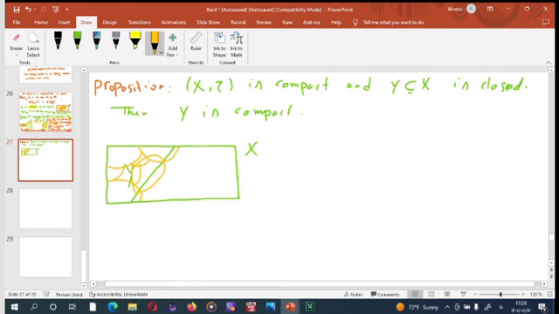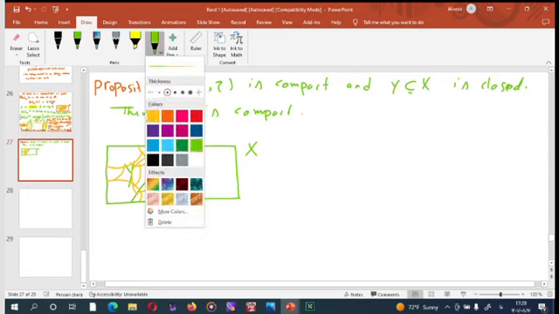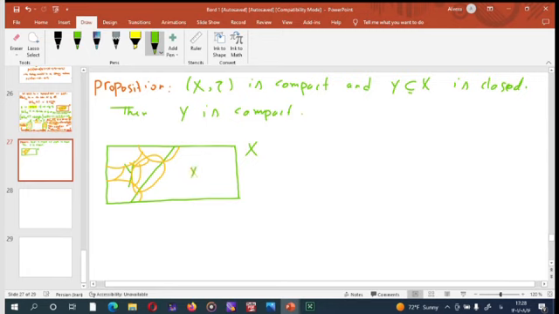we note that if we added this set is X minus Y, the complement of Y, and this complement is an open set because Y assumed is closed, so that its complement must be open.